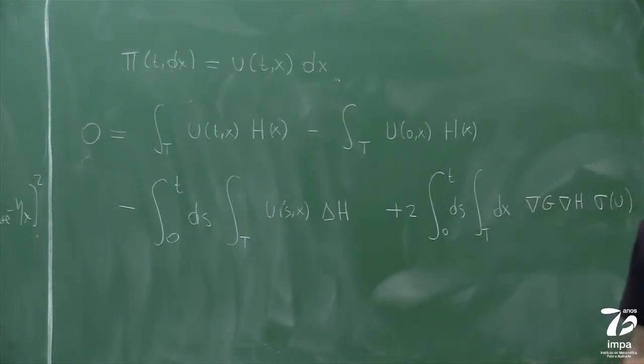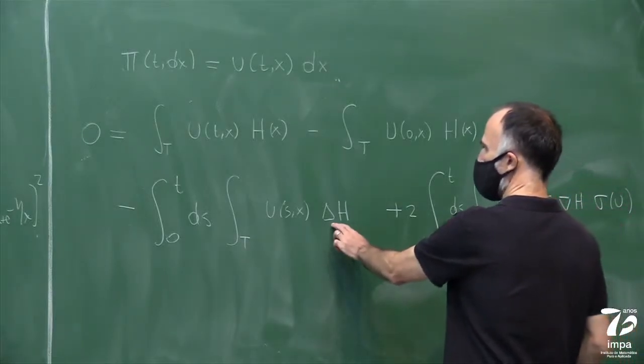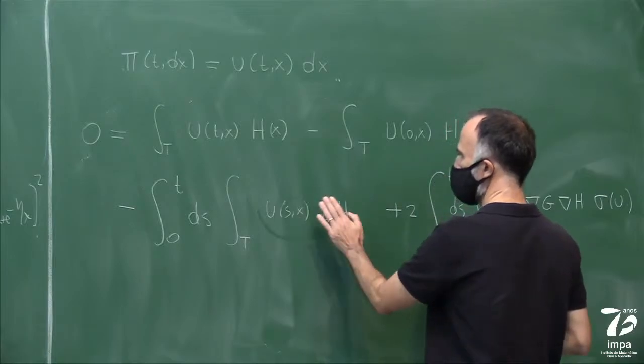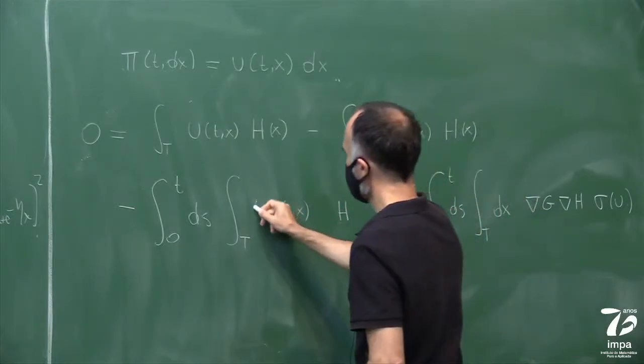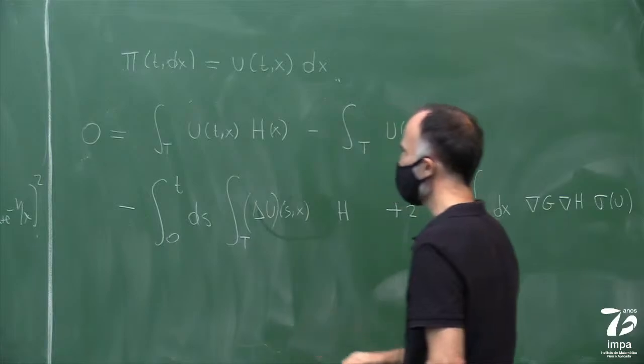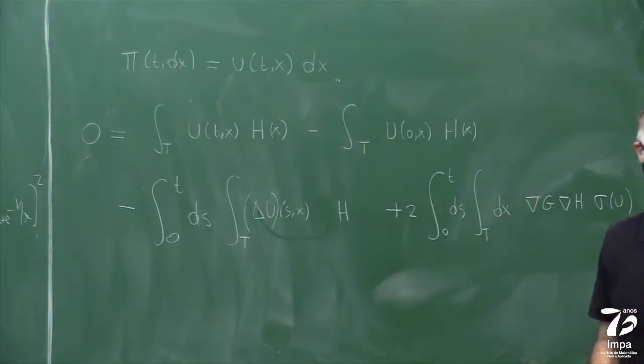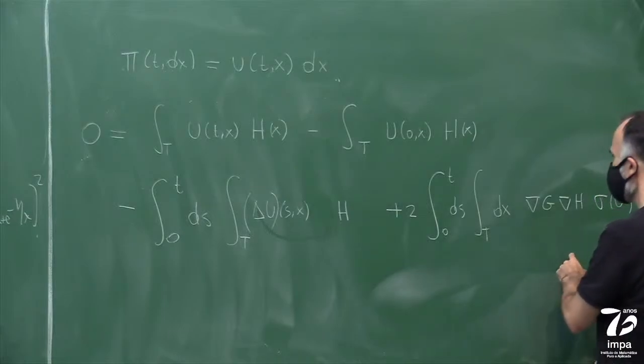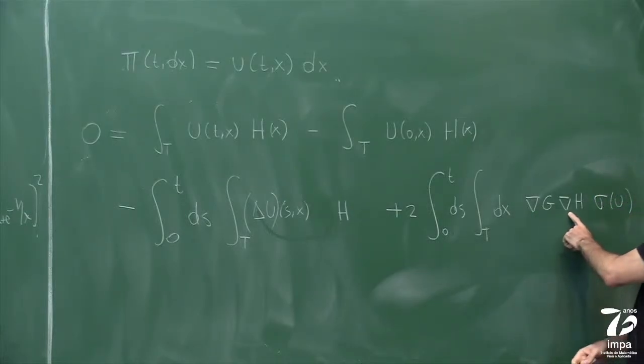Okay? So if I integrate it twice by parts, I get this Laplacian here. So let me do that. This comes by integrating twice, because we are on the torus with periodic boundary condition. So now let me integrate it once, this gradient.